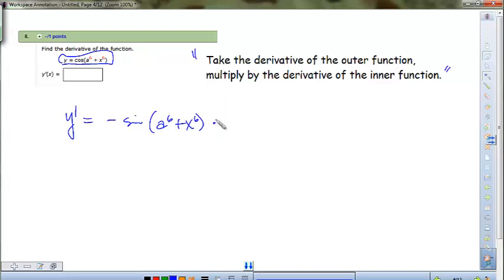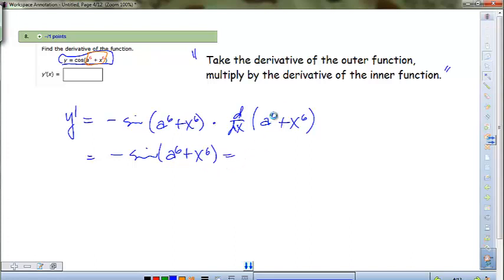Now we're going to multiply and take the derivative of the inner function. And for the inner function, we have to know that this is the inner function right here. So the derivative, and some people do this, d dx of the inner function, that's a to the 6 plus x to the 6th, which would be fine. And then you'll just have to rewrite all this other stuff over again.